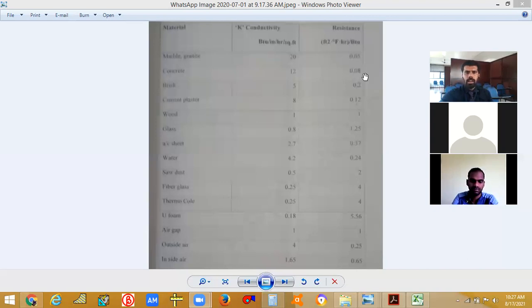Have you added the outside air and inside air? Yeah, thickness is in inch. Just multiply with that inch itself. Yeah, Kirti is getting the correct answer. That is correct. It is the R value.